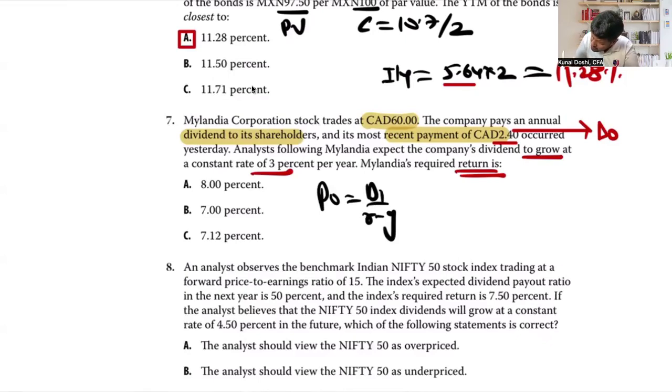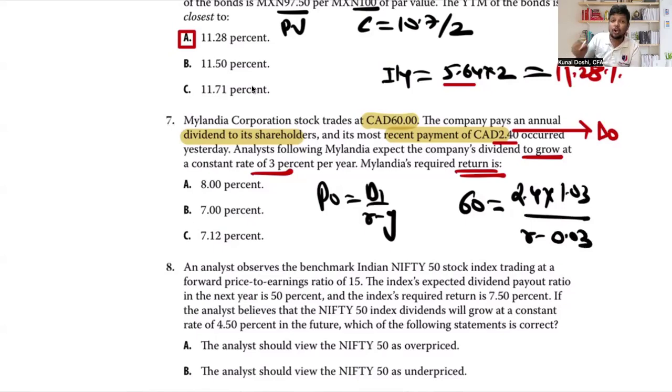Now I have my P0 that at 60, the next year dividend, that is 2.4 into the growth rate 1.03. What cost of equity will give me 60? Now you can do trial and error here. You can start with 8. So 8 minus 3 is 5%. So you can do 2.4 into 1.03.